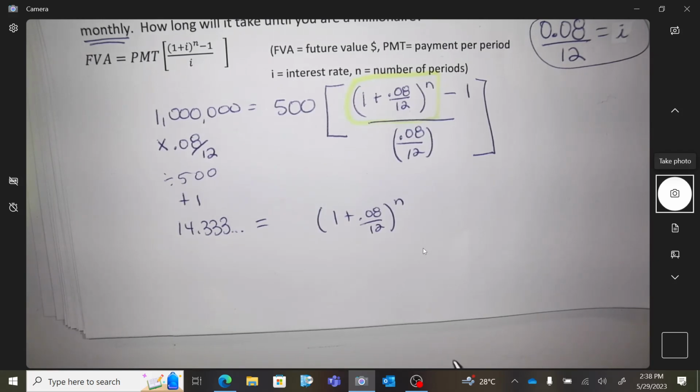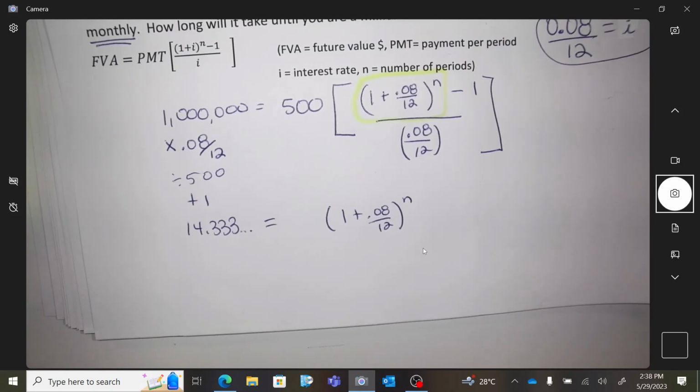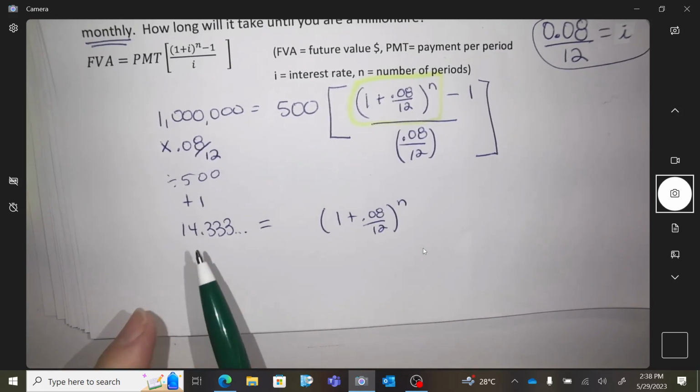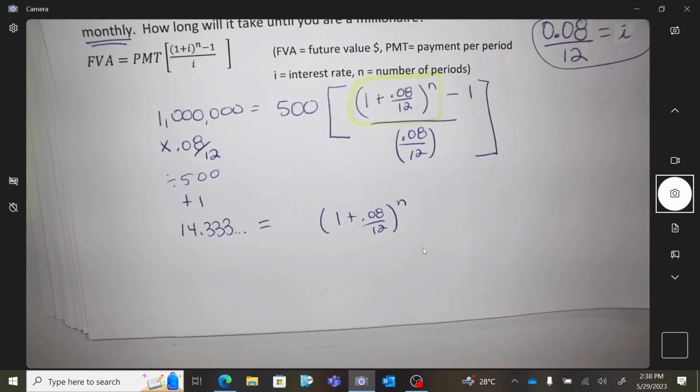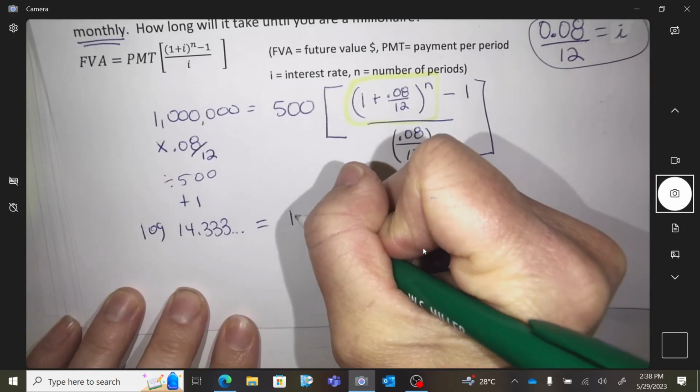Okay, do you see where we're at now? We have a what kind of equation right now? Exponential. Do you see your components? Base, exponent equals result. So what do you do to solve exponential equations? Logarithm. You log both sides.